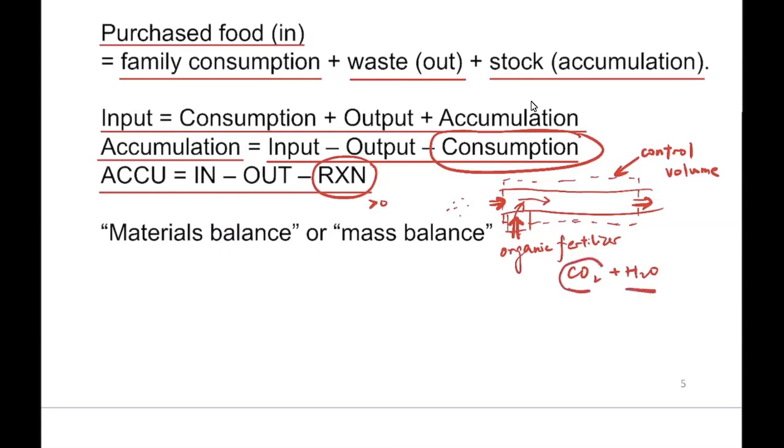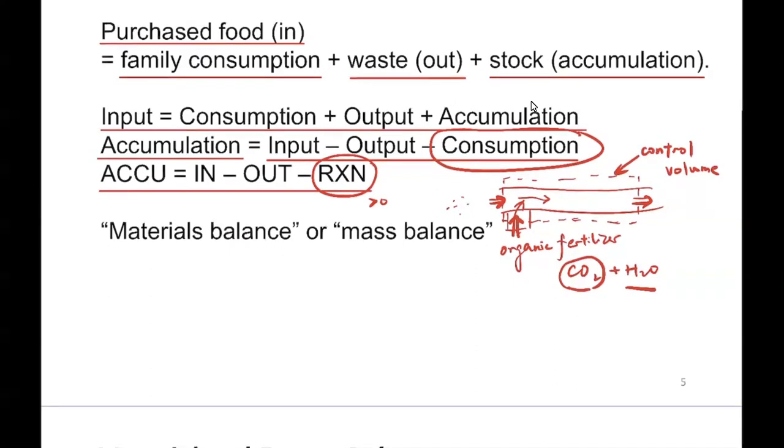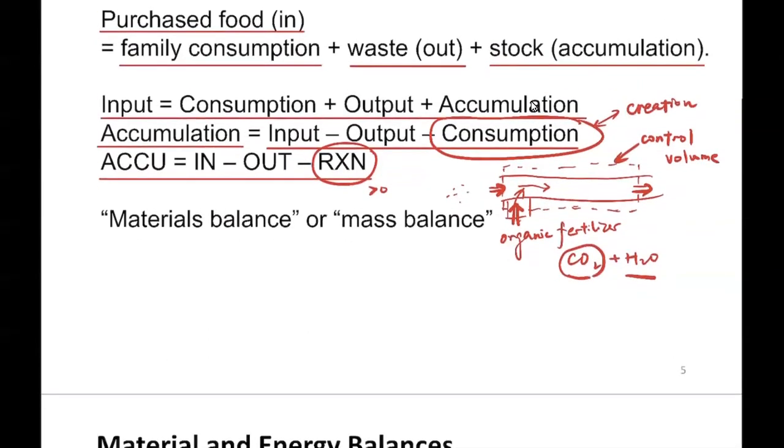If we build a mass balance for carbon dioxide, it's not consumption, it's creation. So in that case we need to change the sign before the reaction to positive, because this is creating carbon dioxide. The amount of carbon dioxide within the river is going to increase, and that causes the accumulation on the left-hand side. This is how we can determine the sign before the reaction.